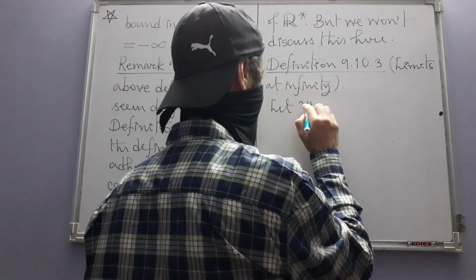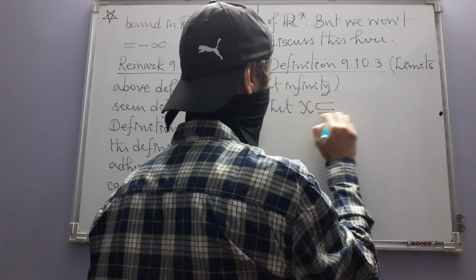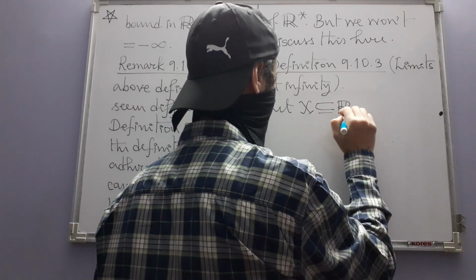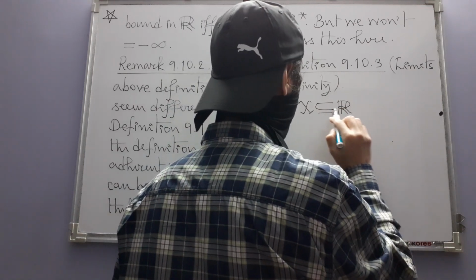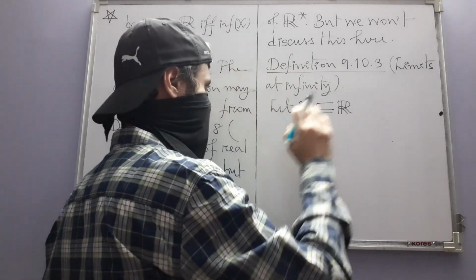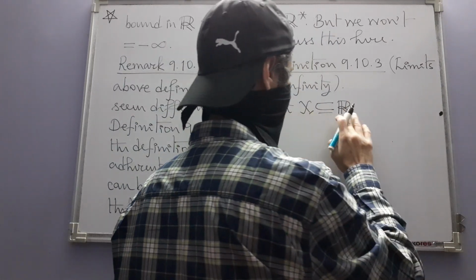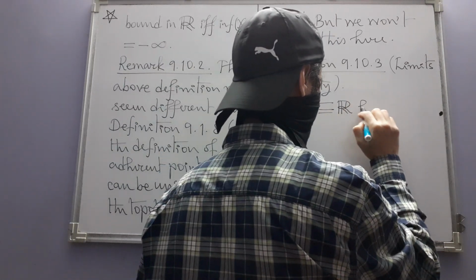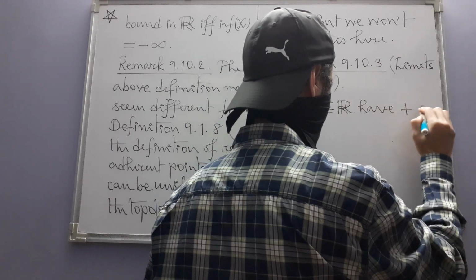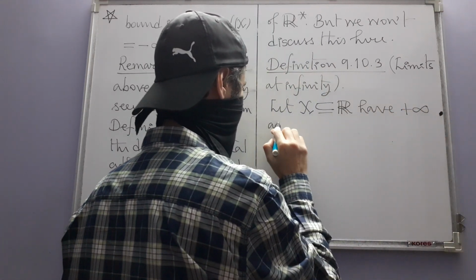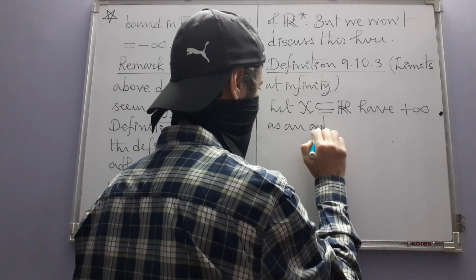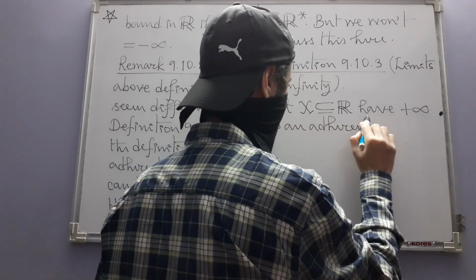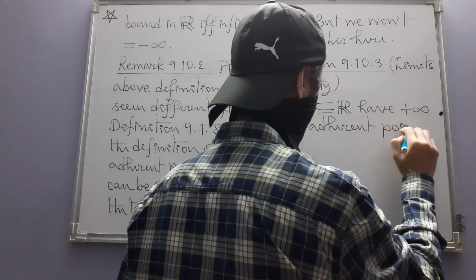Let X be a subset of R, and let us continue like this. Let X, which is a subset of R, have plus infinity as an adherent point.